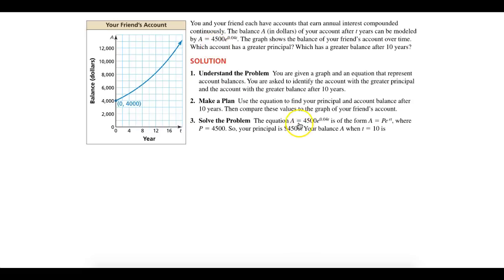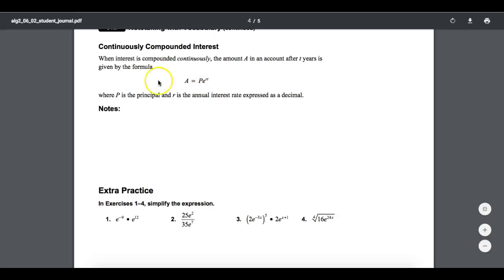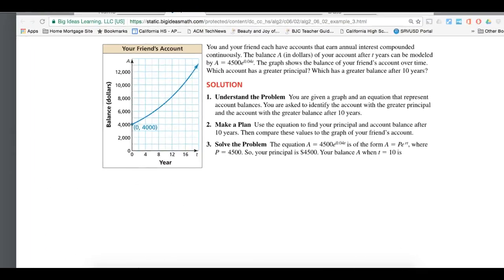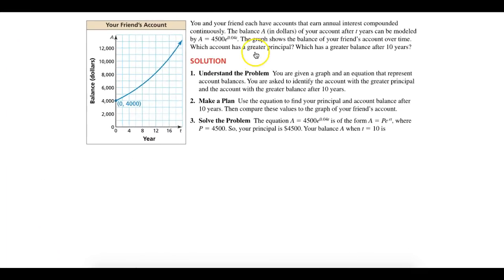We've got A equals 4,500 times e to the 0.4t. That's in the form of continuously compounded interest, so let's pull the information we know from there. P equals 4,500. This initial amount in our equation means our principal is 4,500.